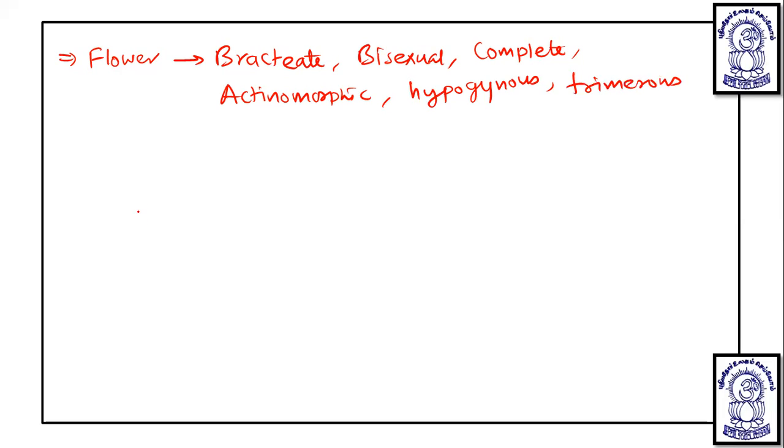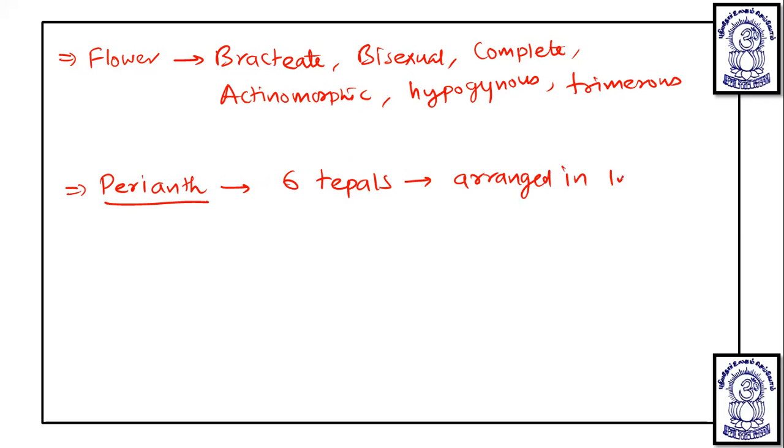Okay. Now in the flower, you will not see the calyx and corolla. You will see the presence of perianth. In the perianth, you will see six tepals, which are arranged in two whorls, that is 3 plus 3: three tepals on the outer whorl and three tepals on the inner whorl.